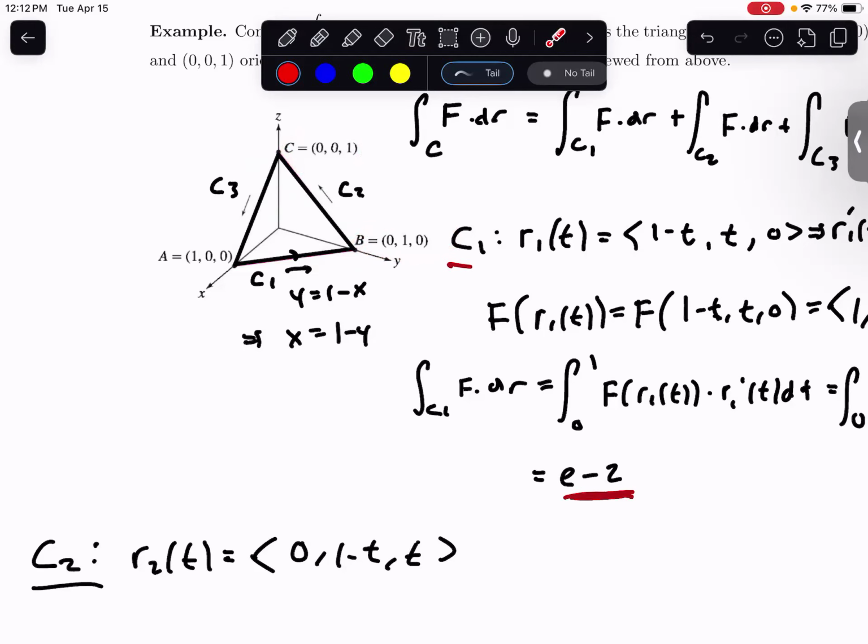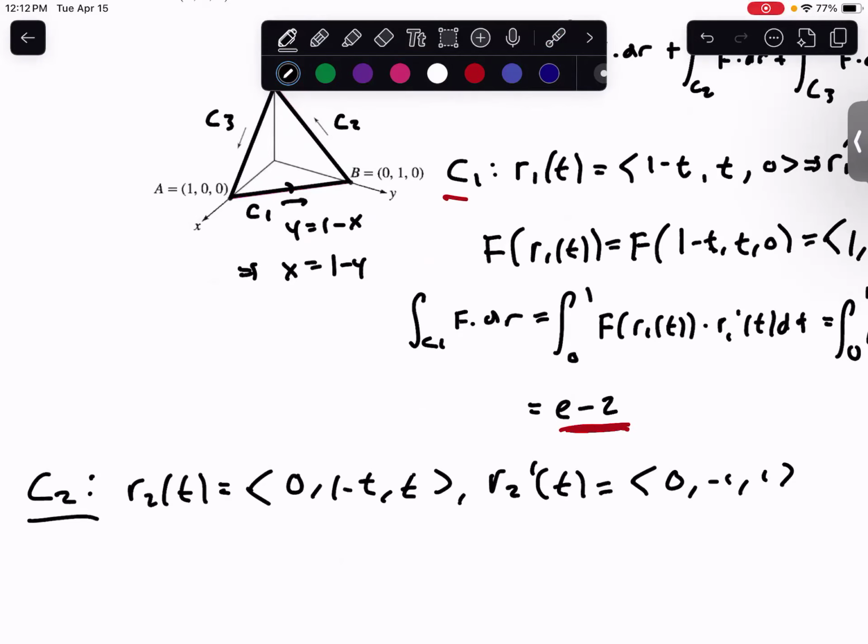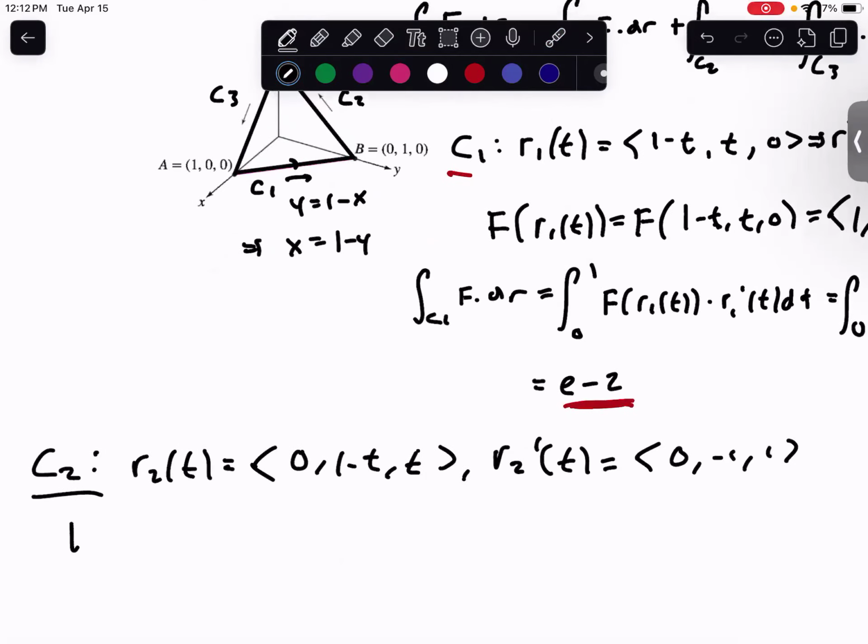And then I'm not going to go into as much detail as I did before. Right, so r prime of t here is going to be equal to 0, -1, 1. If you do the composition of f with r2 of t, I'm just going to write out what the vector ends up being. This ends up being the vector e to the t, e to the 1 minus t, and then 1 minus t.